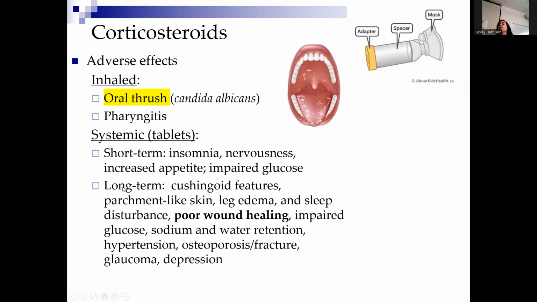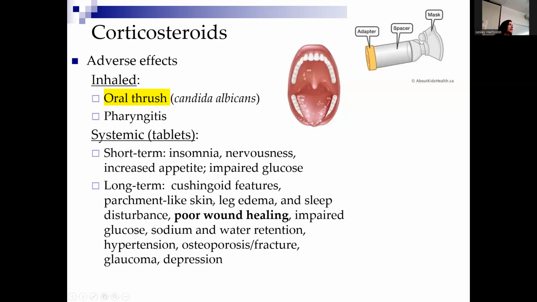But if it's long term, then Cushingoid features. Cushingoid features would be some of the symptoms that go along with Cushing's disease. It's not like they have the full-blown disease, but they may have some of the characteristics if they're on long-term corticosteroids.